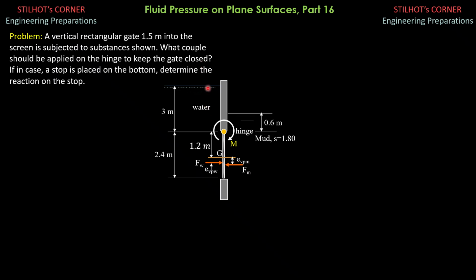So for water, h_G is 4.2, 3 plus 1.2, and for the mud, 0.6 plus 1.2, it's 1.8.